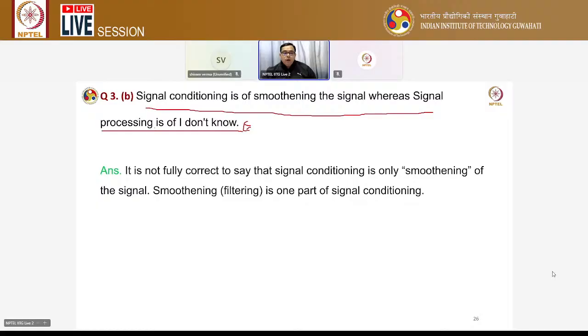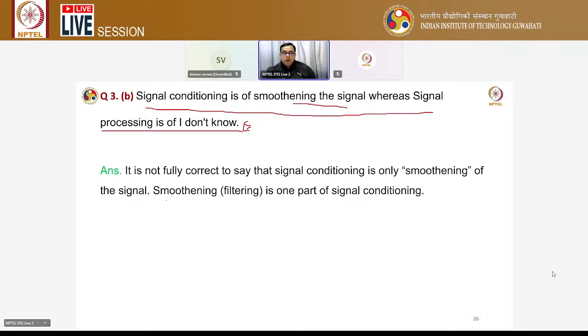Now please note that whatever you have mentioned, that signal conditioning is smoothing the signal, this sentence itself is not fully correct. You cannot say that signal conditioning is only smoothing of the signal. Of course, when you say smoothing, you mean that you are kind of filtering one part of the signal.